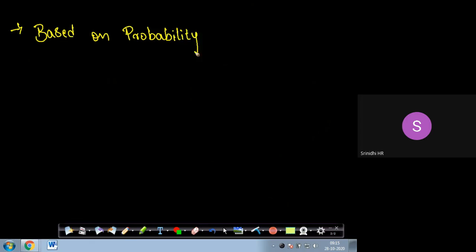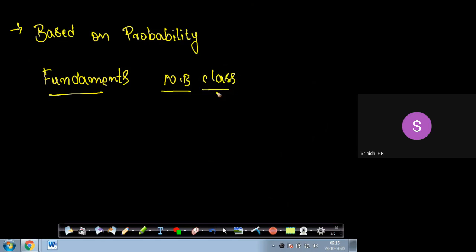If your fundamentals of probability are very strong, you can just go ahead. This whole naive Bayes classifier will be easy. You can understand how exactly your naive Bayes classifier works.